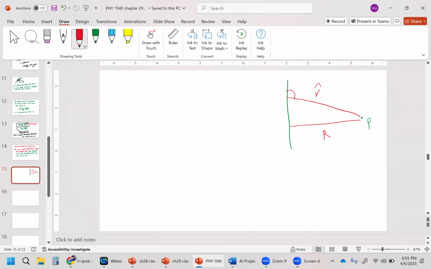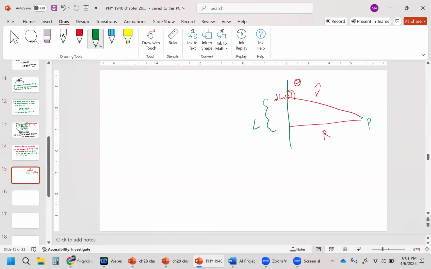This is creating again your angle theta, and your dL. And I'm going to call this distance big L because you're integrating over L.